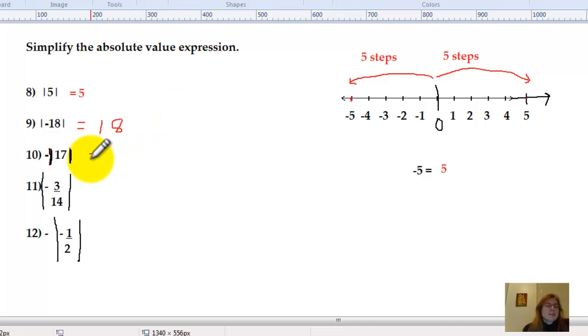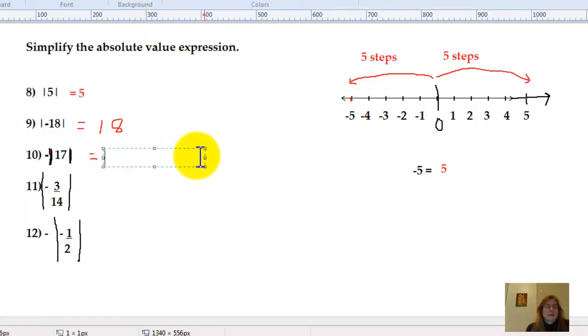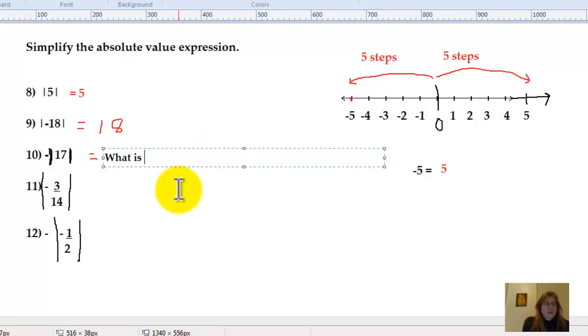On this one, they're not asking you what is the absolute value of -17. The negative sign is outside of the absolute value signs. So the question is, what is the opposite of the absolute value of 17?